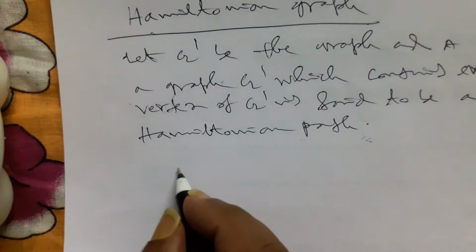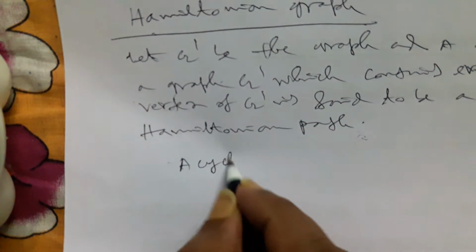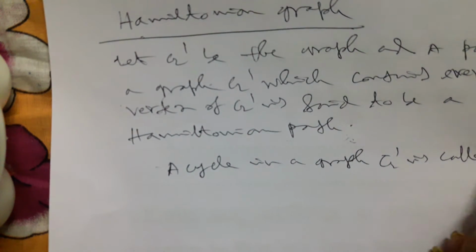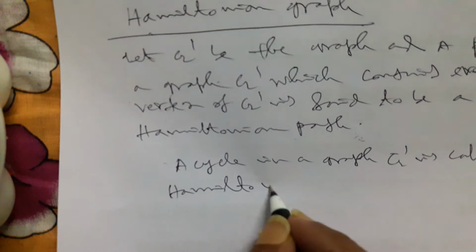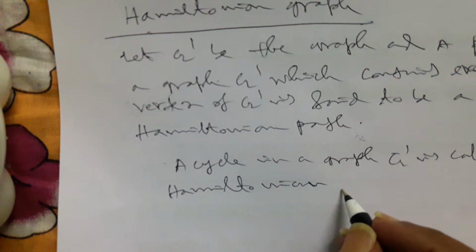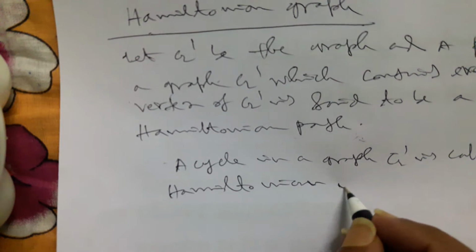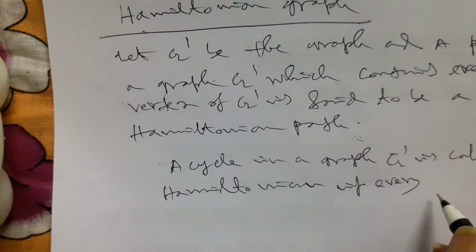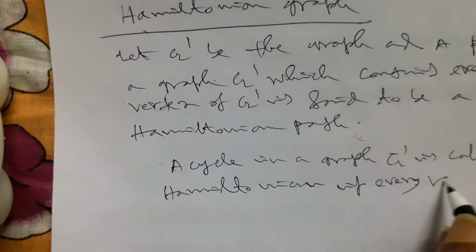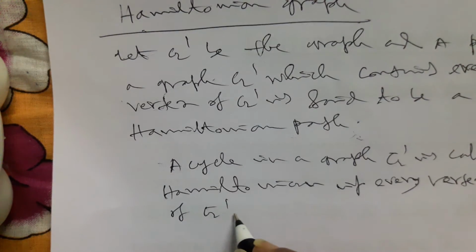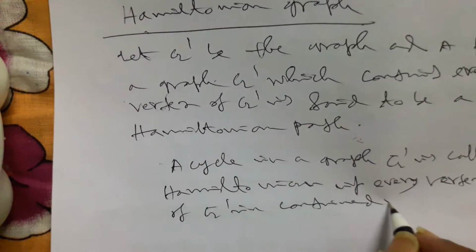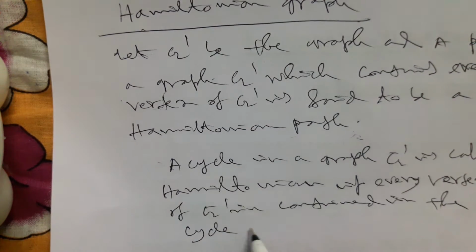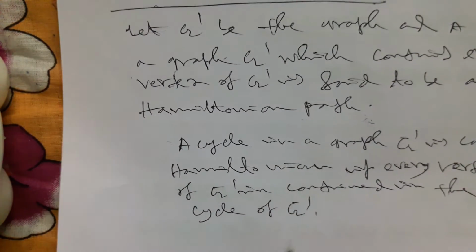So a Hamiltonian cycle is a cycle in a graph G dash, called Hamiltonian if every vertex of G dash is contained in the cycle of G dash. Then we call it a Hamiltonian cycle.